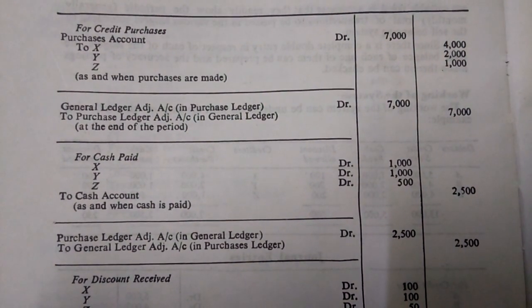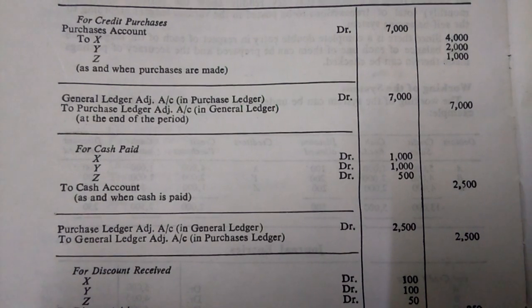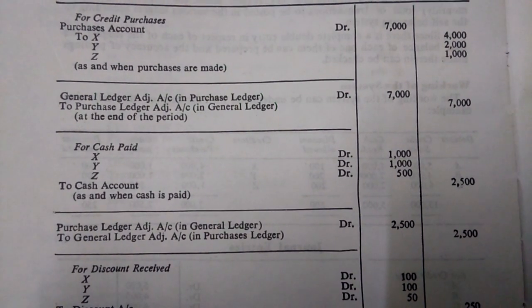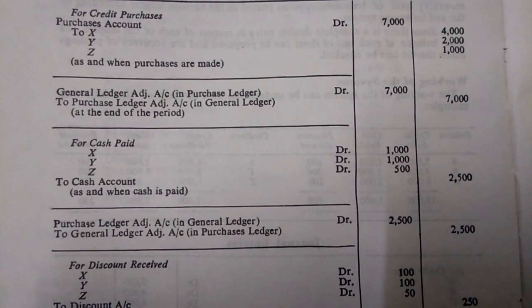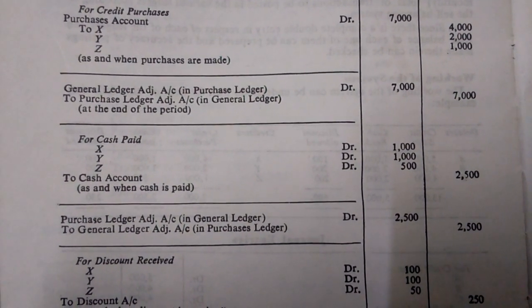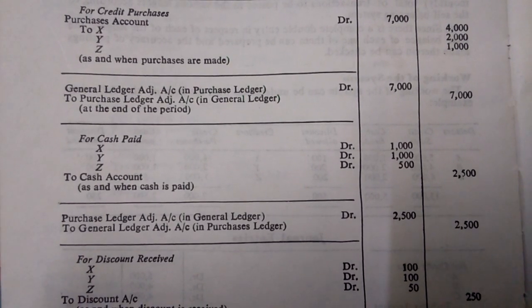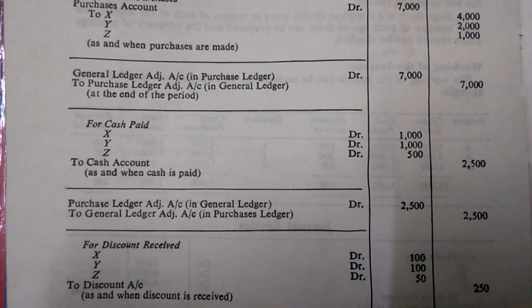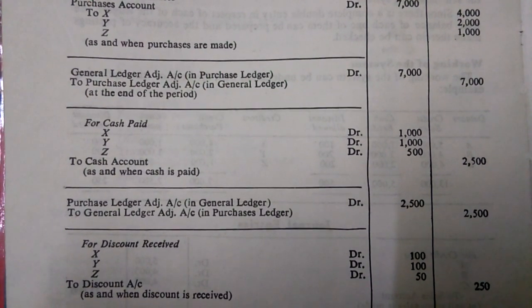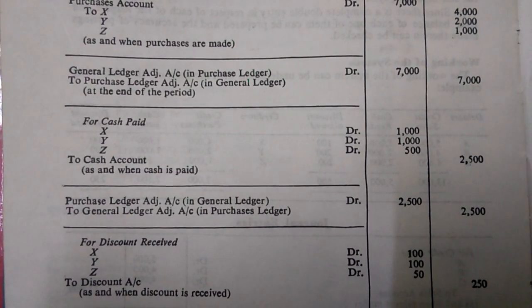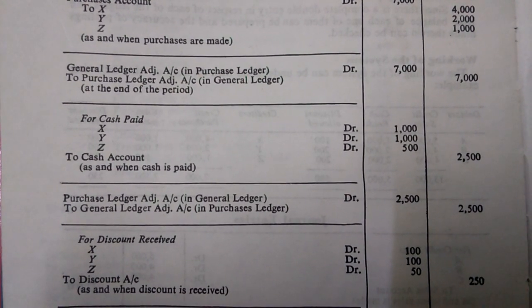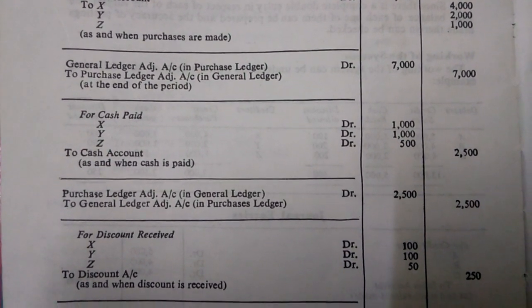For cash paid, X account debit, Y account debit, Z account debit to cash account 1,000, 1,500, 2,500 as and when cash is paid, and transfer to the self balancing system. Purchase ledger adjustment account debit to general ledger adjustment account 2,500, 2,500.